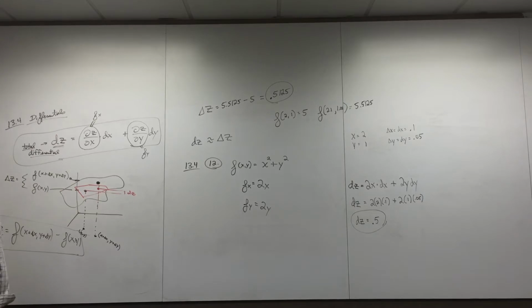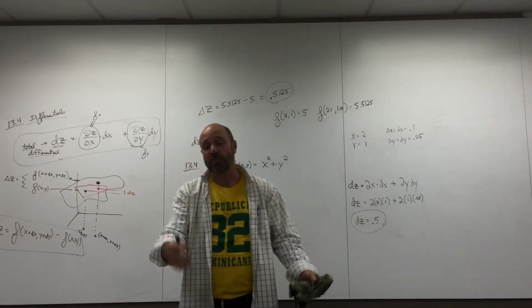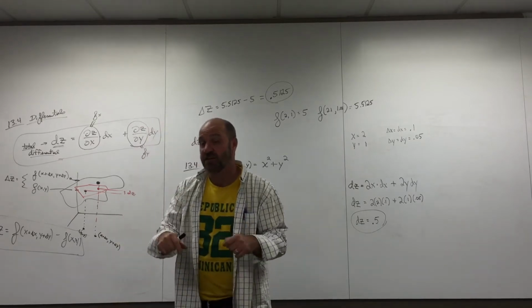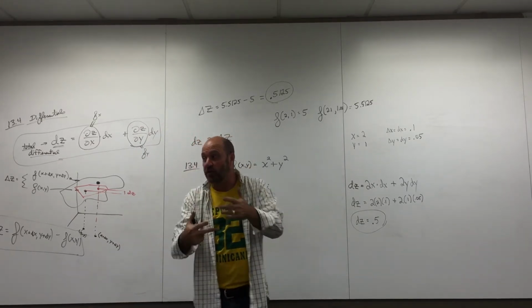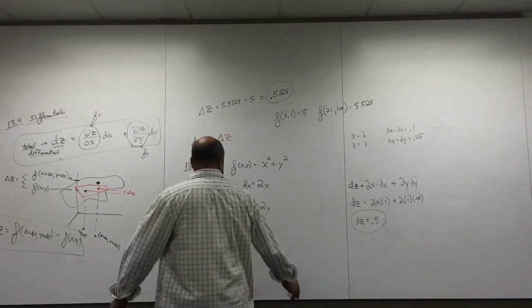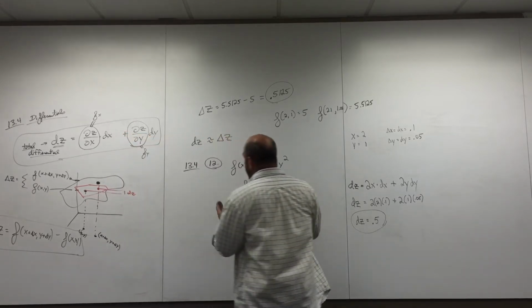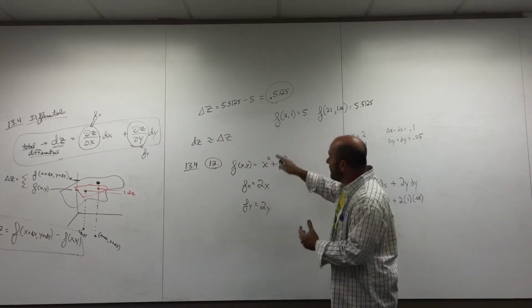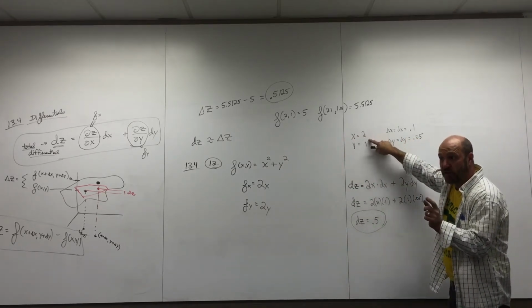The other thing I like in this section 13.4 is there's some really cool word problems involving error. What we do with this concept here is we turn it into error analysis. And so we have measured values of a quantity. The x equals 2 and the y equals 1 might be the measured values.